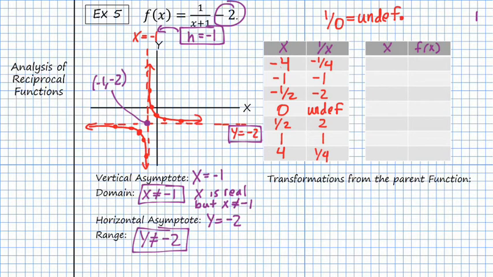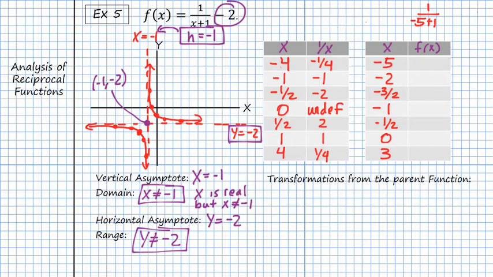Now let's see what our new function will look like. Let's think of some inputs that we want to use to see what will happen. All right, so when we input -5 into our new function, we've got 1 over -5 plus 1, minus 2.